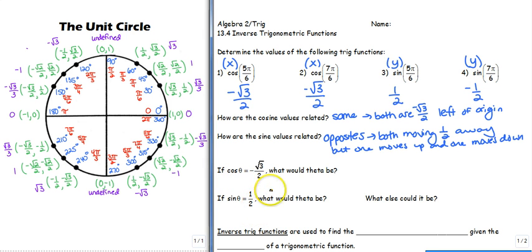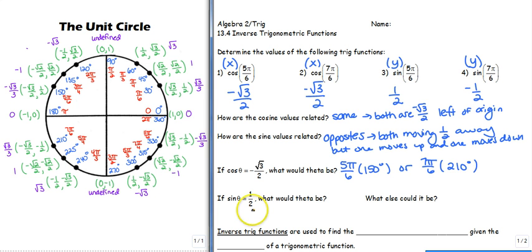We know this because we just found it: the angle that's going to give me a cosine of a negative root 3 over 2 is 5 pi over 6, and we know that's 150 degrees. Or I can also get that cosine ratio from looking at 7 pi over 6, which is 210 degrees.